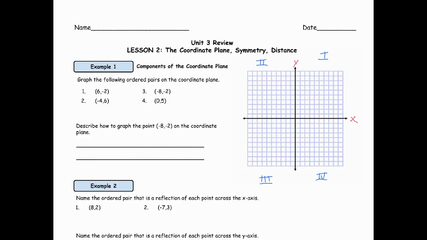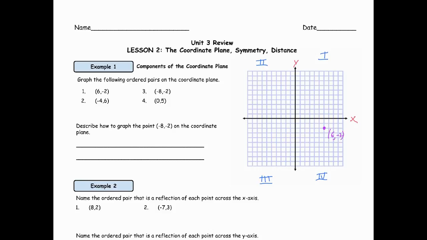And then, since the y-coordinate is a -2 and our vertical axis is the y-axis, we're going to go down 2 units. So again, to graph that ordered pair, we're going to go to the right 6 units and then down 2 units for the point 6, -2.